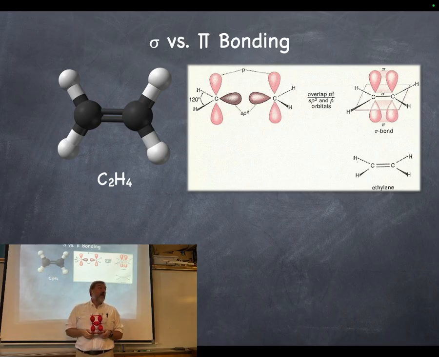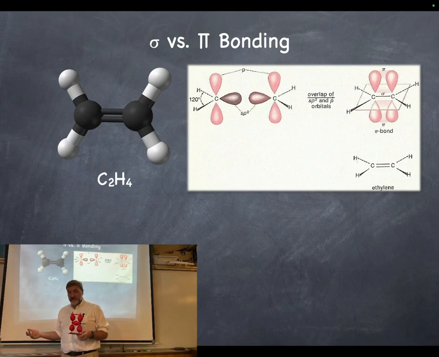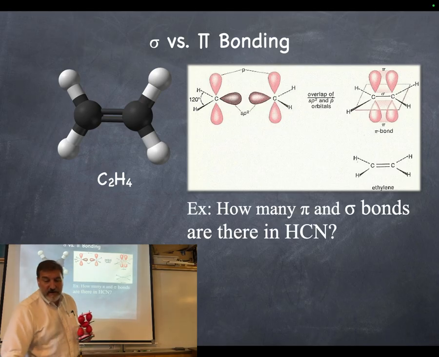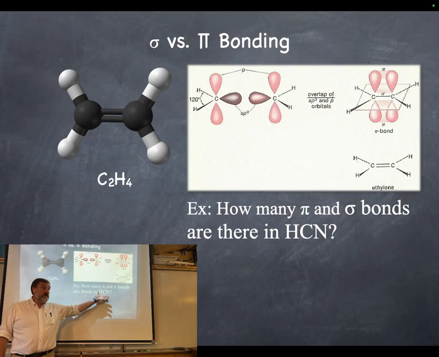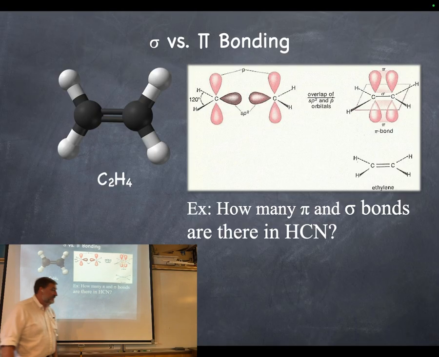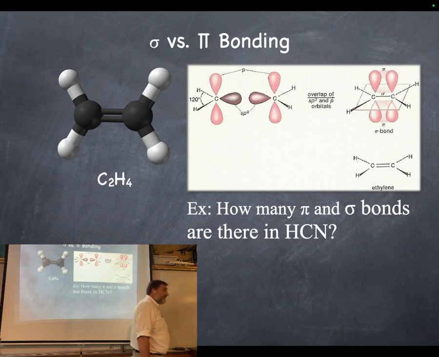Okay. All of this requires us to do the Lewis structure first. So real quick, last example problem. Go ahead, do the Lewis structure for HCN, hydrogen cyanide, and then we can count some things.